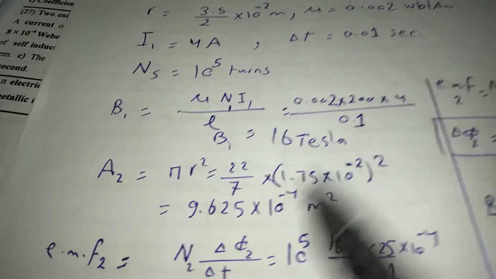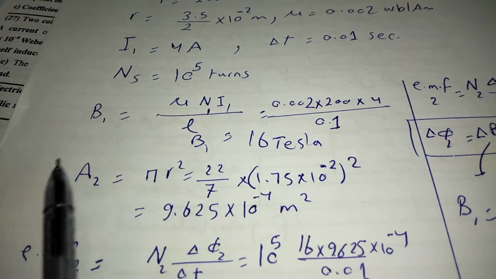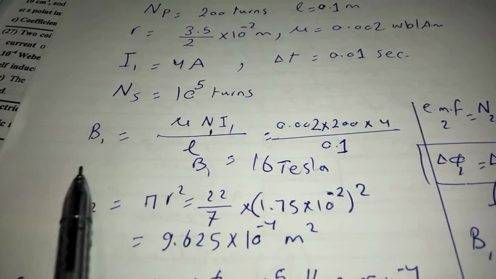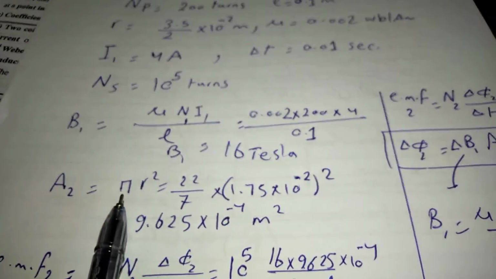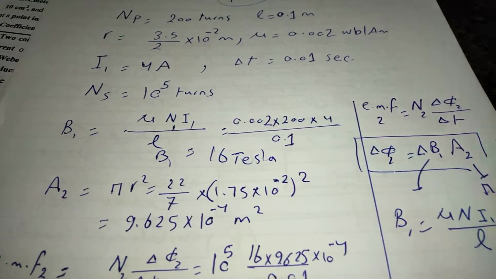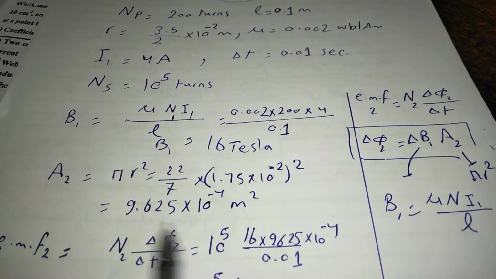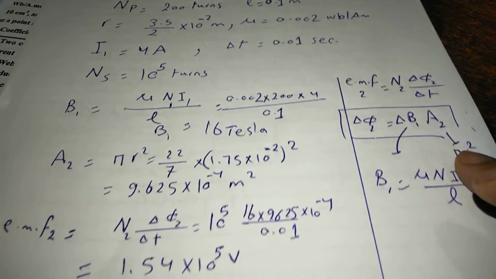So I have to calculate the interacting cross-section area with that field by using pi r squared. Using your calculator, you will get this value as an answer.